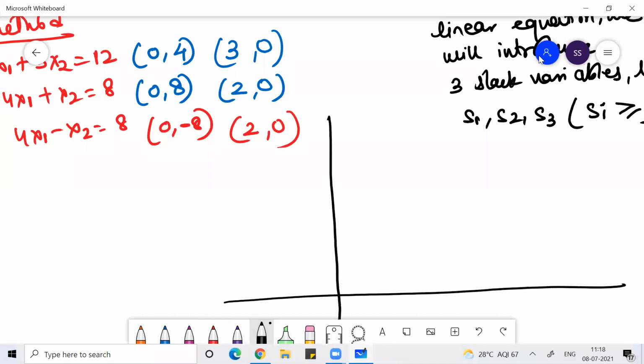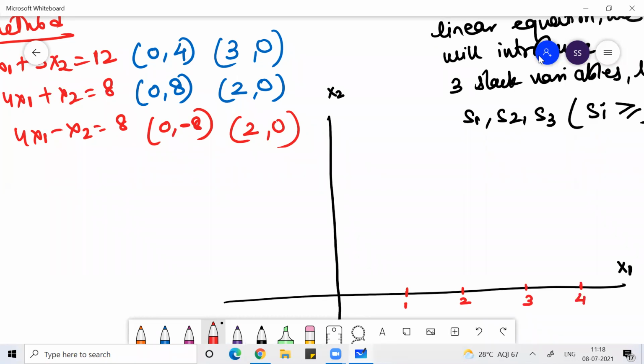So the maximum value of this is your x1. I hope you remember, the horizontal axis is x1 and the vertical axis is x2. On the horizontal axis, this is 0, 1, then you have 2, then 3, then 4, like this.